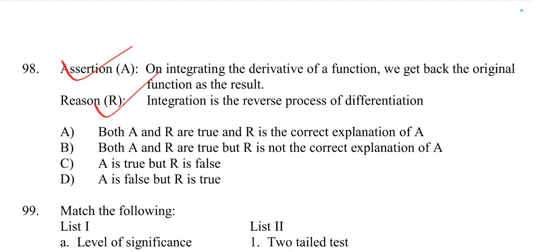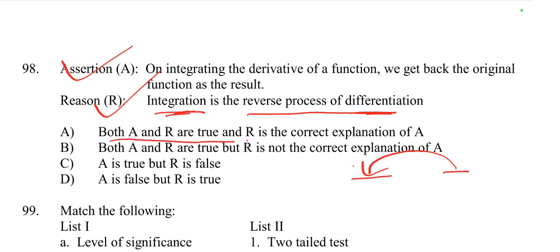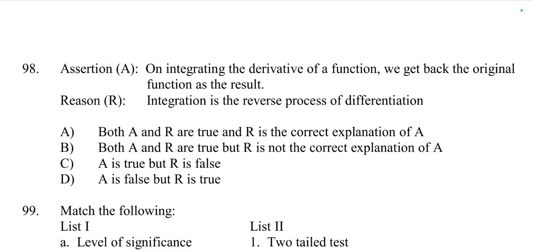This is the correct explanation of the assertion, because integration is just the reverse process of differentiation. In differentiation, we get the derivative, and by integrating it, we get back the original function. So here both assertion and reason are true, and reason is the correct explanation of assertion. So option A is right.